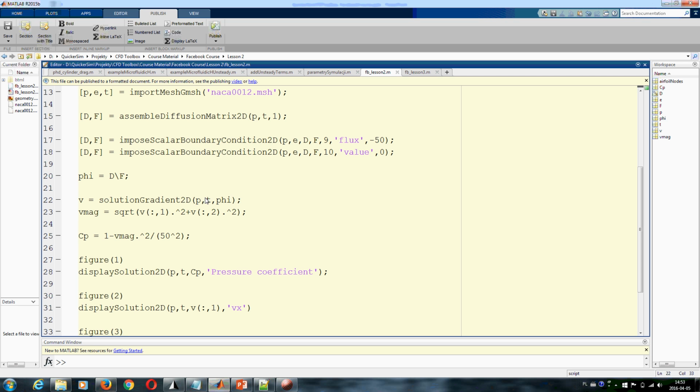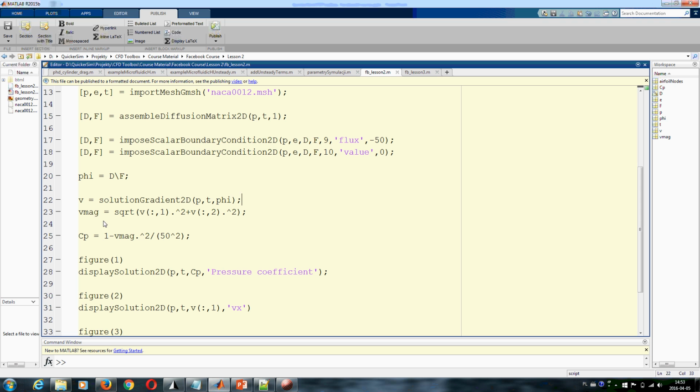This is the mesh. We need to know on what kind of mesh we want to differentiate. We want to compute the gradient, and we pass the phi field. Basically, in airfoil simulations, we are interested in the velocity magnitude around the airfoil and the pressure coefficient.